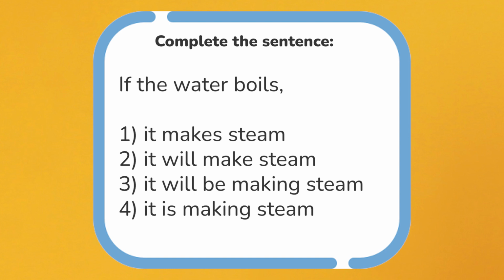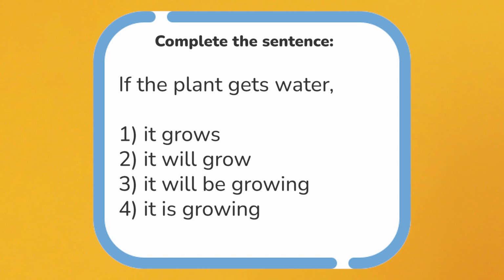Okay, let's go for another one. If the water boils, it makes steam. It will make steam. It will be making steam. It is making steam. And the answer is 1. If the water boils, it makes steam. So again, this is a scientific fact. And we can see present simple, present simple. All right, let's see what's next.